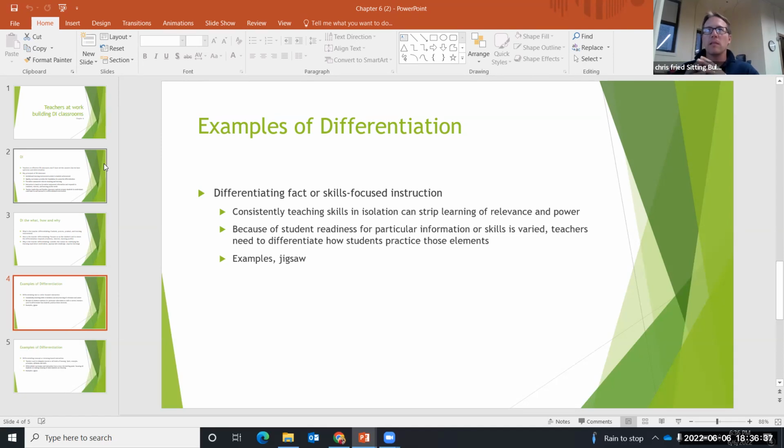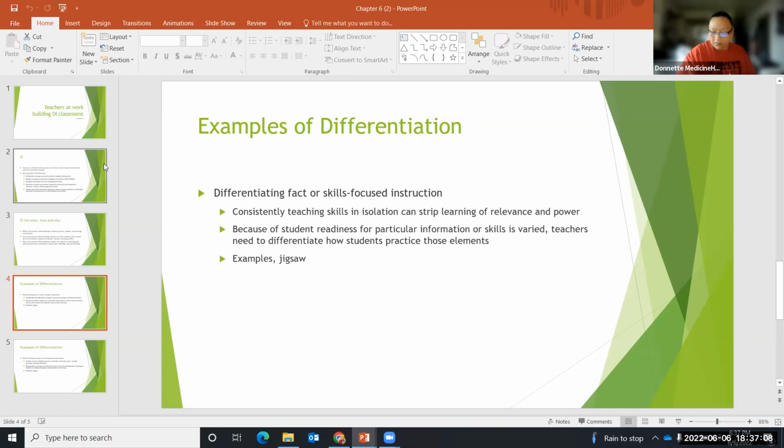You want to try to make that connection, you don't want to just do it in isolation, right? I gave multiplication, for example. All of us probably had worksheets where we had to do 50 problems of single digit multiplication to learn our times tables, which is fine to a point, but we also want to connect those skills to real world problems, right?